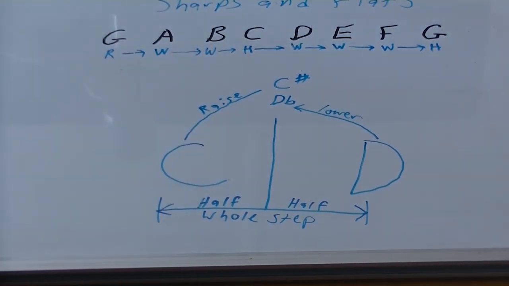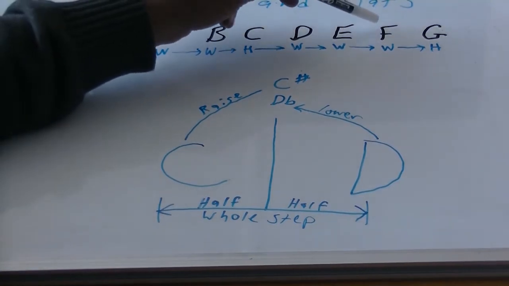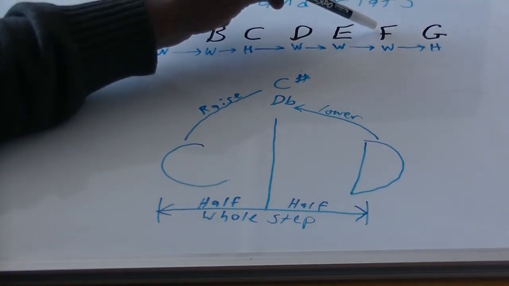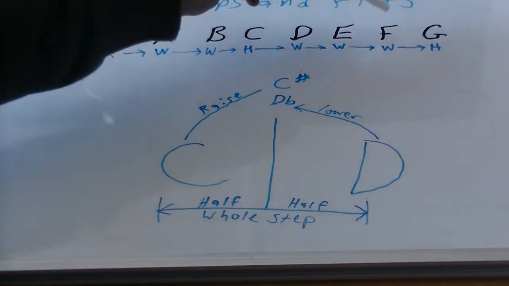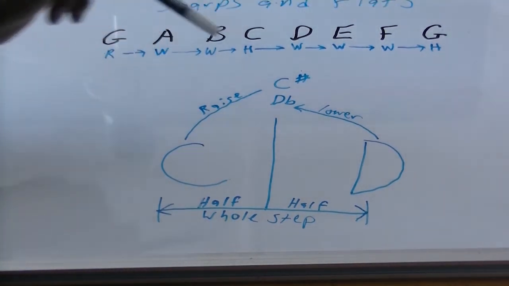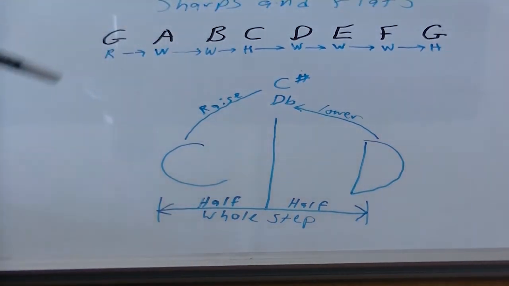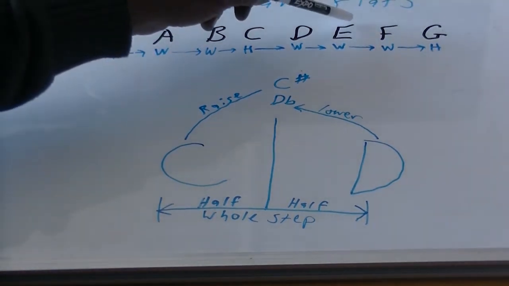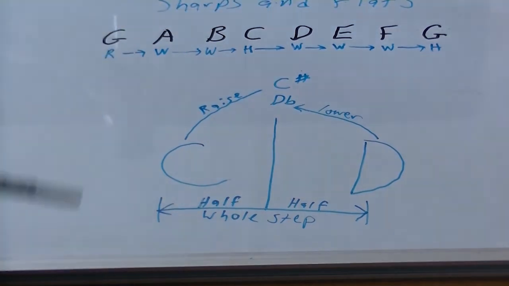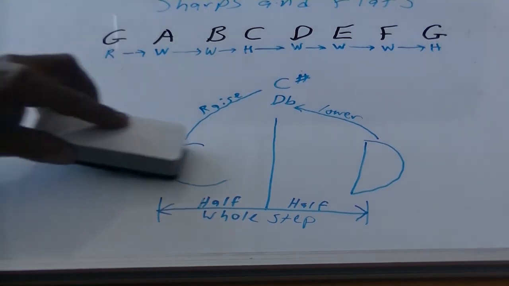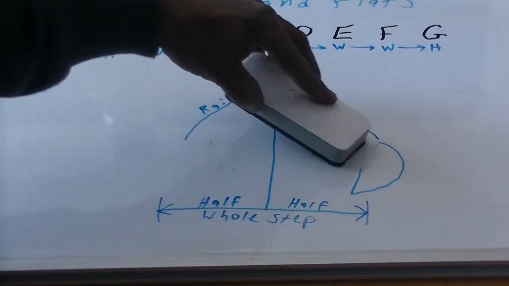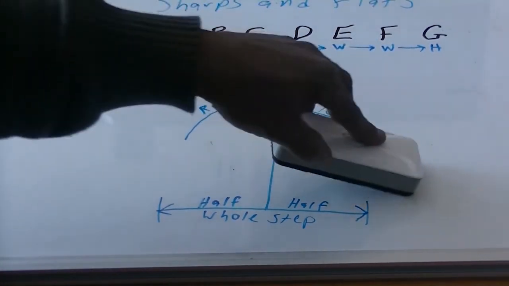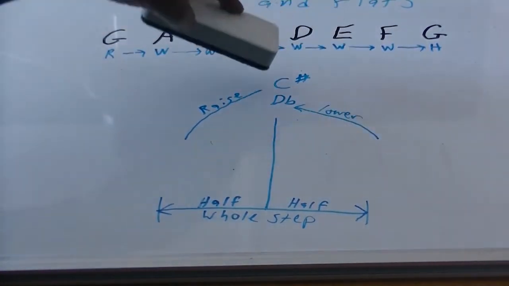Hopefully you realize that from E to F is only a half step, and we actually need to go further beyond F, but not as far as G. So we've gone a half step from E to F, but we still need to go another half step. However, we need to use the letter F in our scale because every letter of the alphabet needs to fit into the scale.